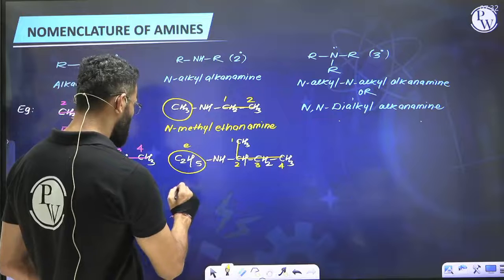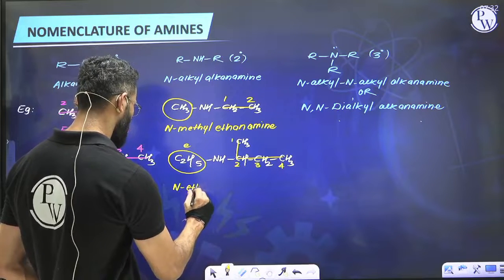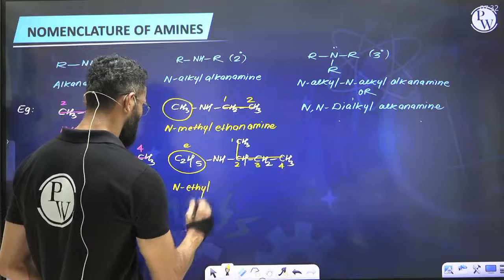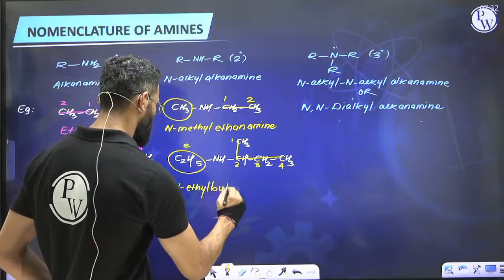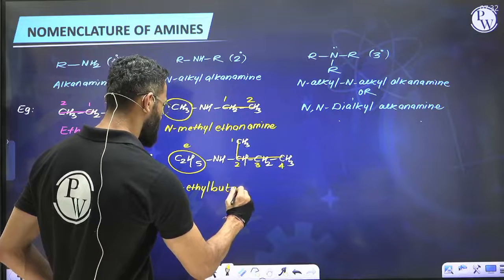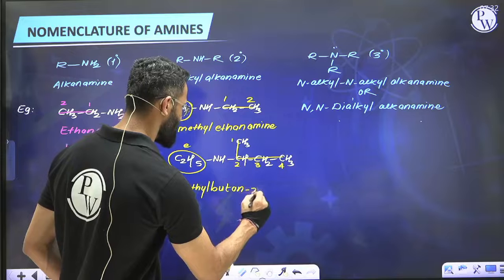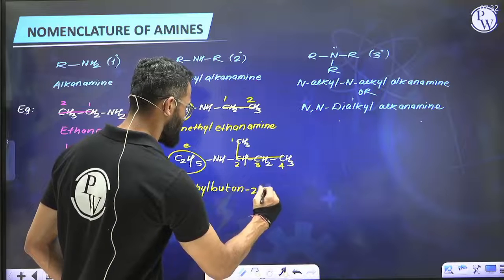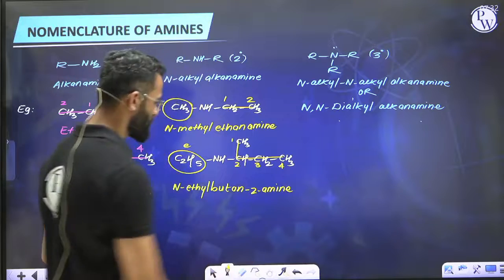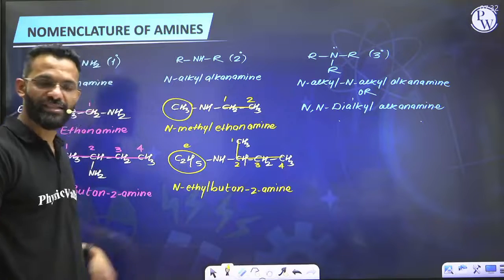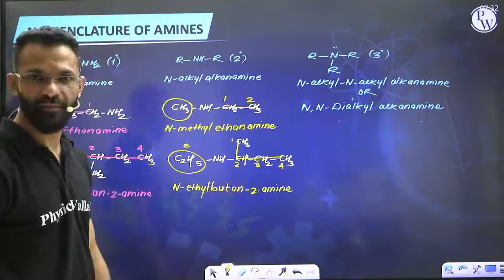Ethyl present at N, ethyl, 4 meaning but, carbon carbon single bond meaning ane, and amine present at number 2, so butane-2-amine. So the name of the molecule is N-ethyl butane-2-amine or N-ethyl 2-butanamine.